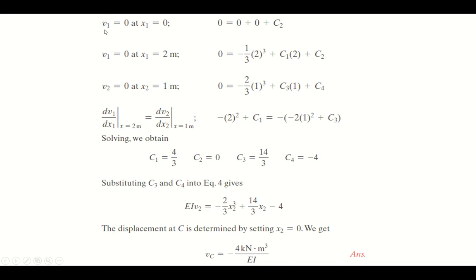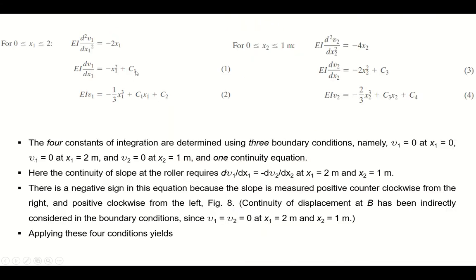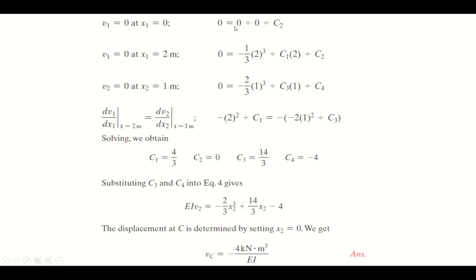it says that mu1 is equal to 0 at x1 is equal to 0. So here when x1 is equal to 0 and mu1 is 0, this gives you the value of C2, which is equal to 0. Similarly, mu1 is equal to 0 at x1 is equal to 2.